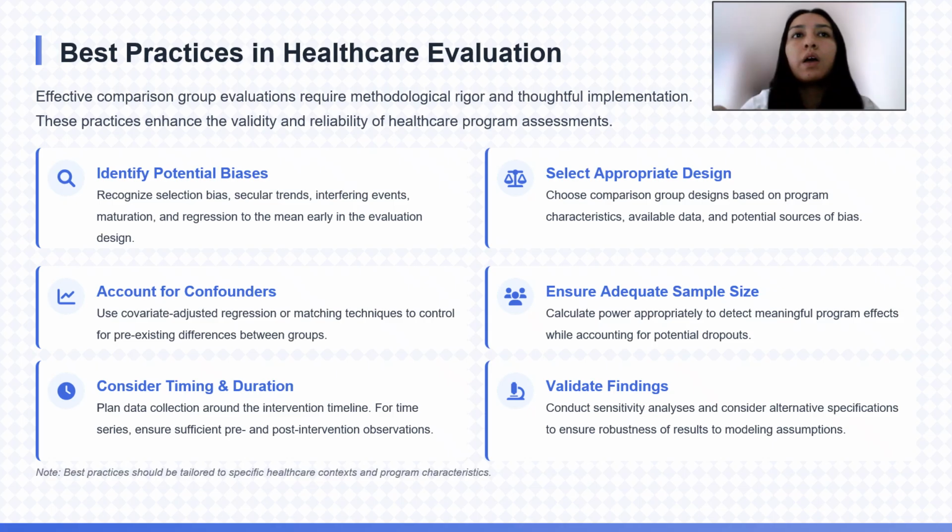An effective comparison group evaluation requires methodological rigor and thoughtful implementation. These practices enhance the validity and reliability of healthcare program assessments.